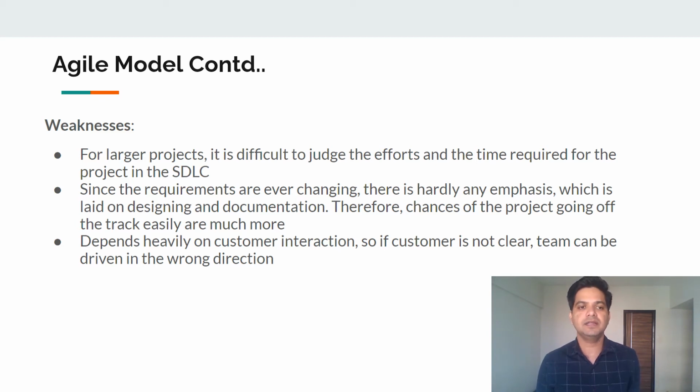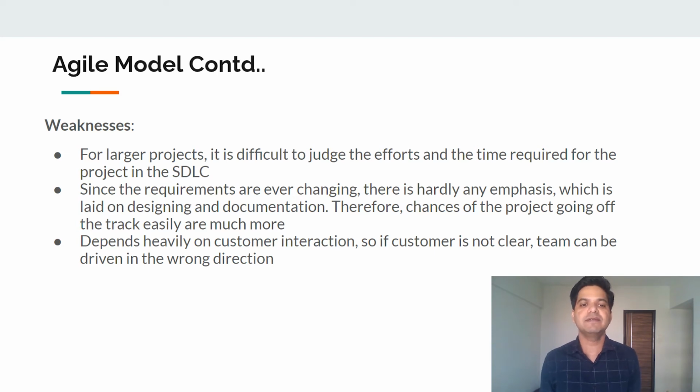And in the weaknesses section, there is also another point about design and documentation, where there is always less attention to the design and documentation, because we keep moving on faster development and finishing and giving demos. But sometimes it is very important to note down these points, and that aspect gets missed, or gets less attention in case of the agile model, which we will be following for any of our project development.